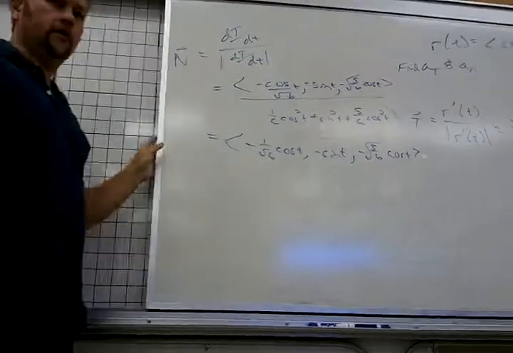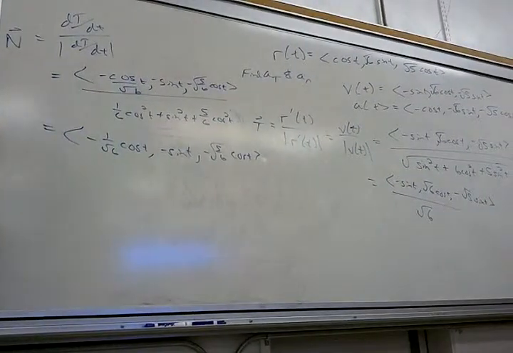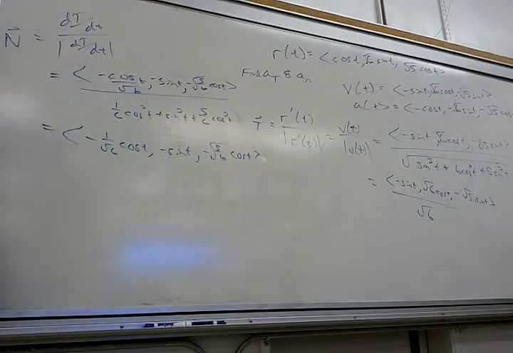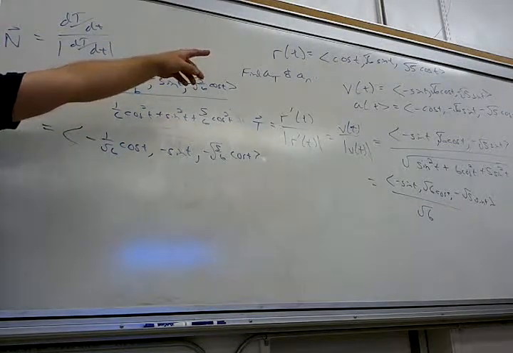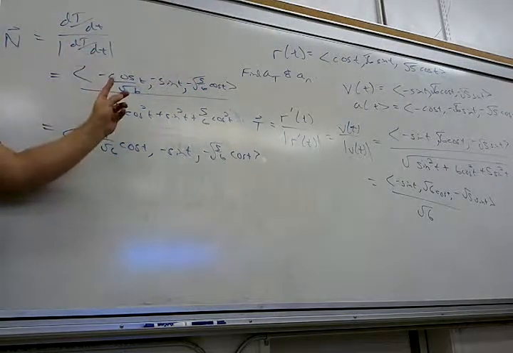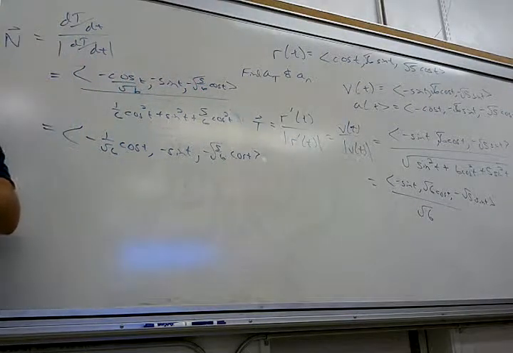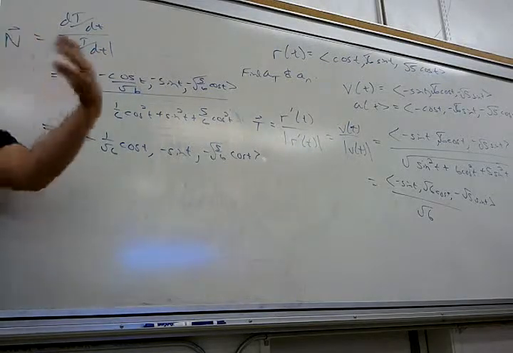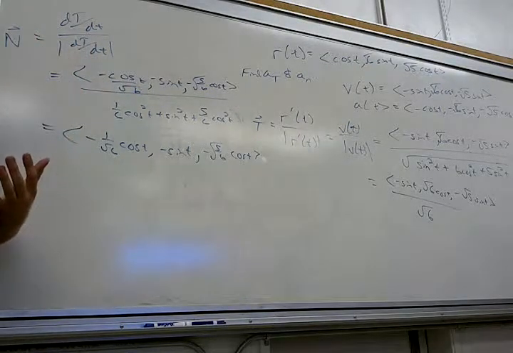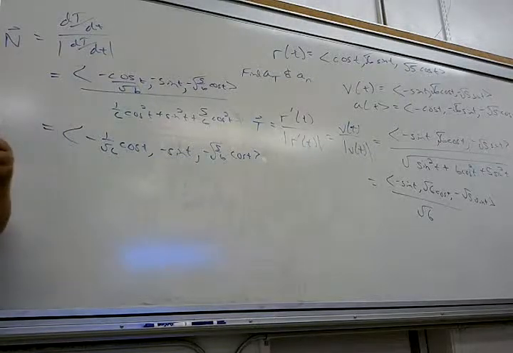Oops, kind of over there, aren't I? Thanks, man. And now you just do the dot products and you'll be done. So we've got our acceleration. If you dot it with n, you'll get the an. If you dot it with t, you'll get the at. So everything we did here, it doesn't matter which way you do it. You've got to find n, you've got to find t, or whatever.